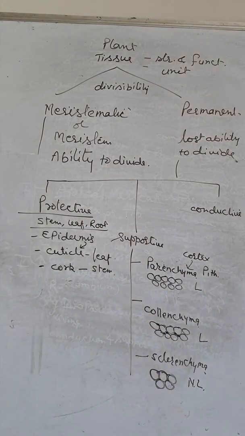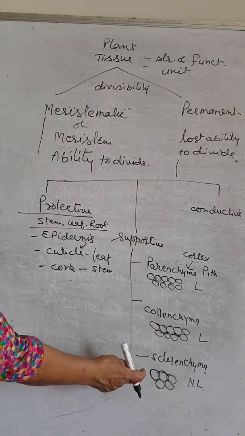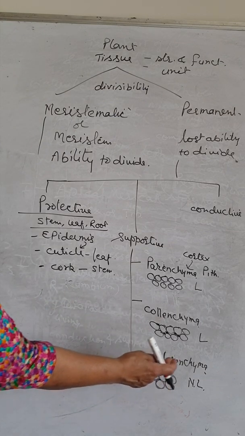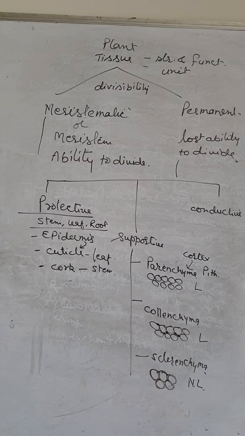It means the cortex and pith are made up of parenchymatous tissue. The collenchyma, as I told, are thick walled with thickening at the corners. And the sclerenchyma has thickening all around. All the wall is thick.